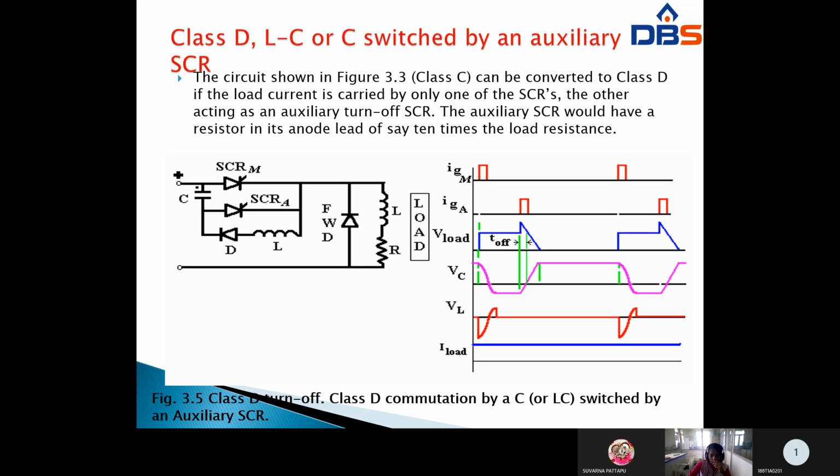Before the main SCR starts, the capacitor will be fully charged. Whenever the main SCR is triggered, the capacitor will discharge through the auxiliary SCR. So the load current remains constant. Why? Because two SCRs will be there. So that's why the load current will be constant. So this is class D, or LC or C switched by an auxiliary SCR.